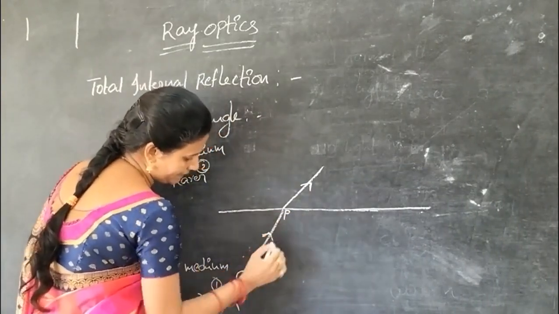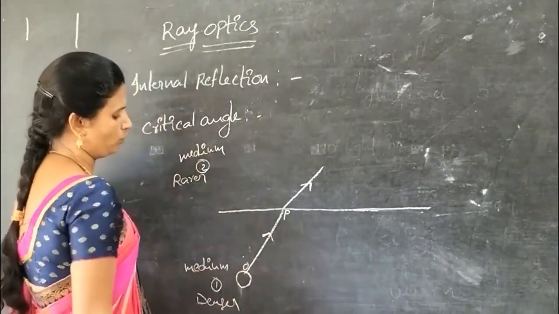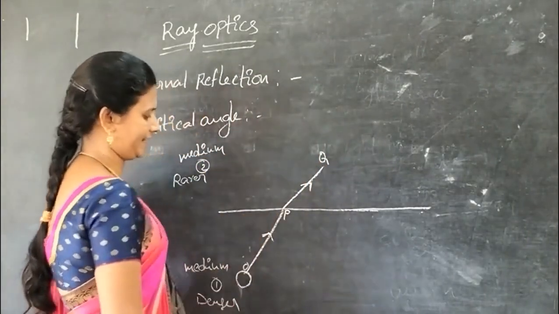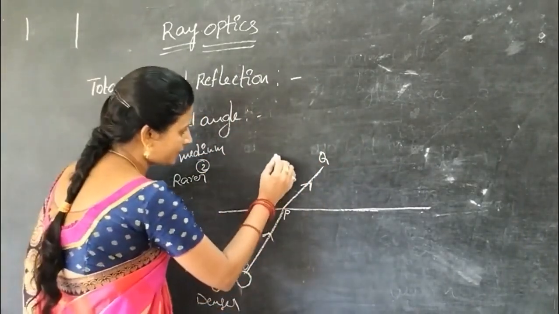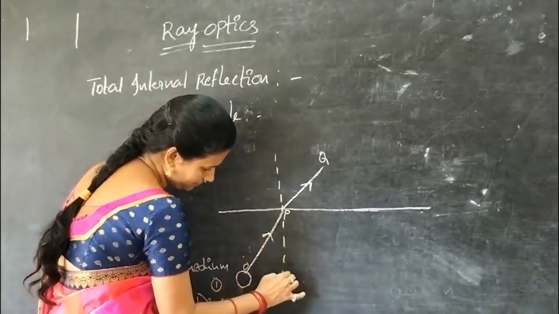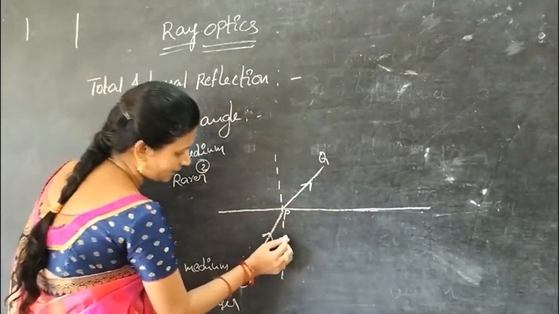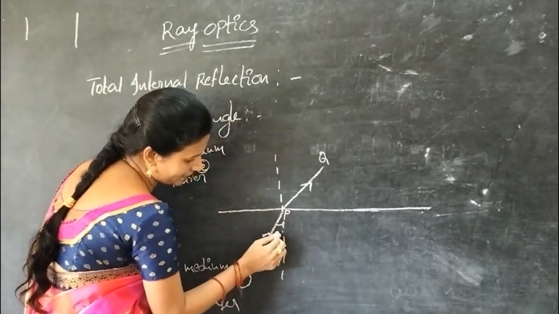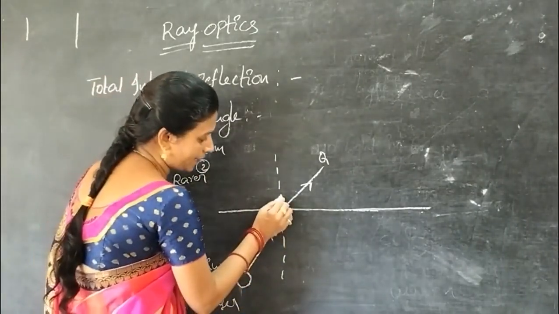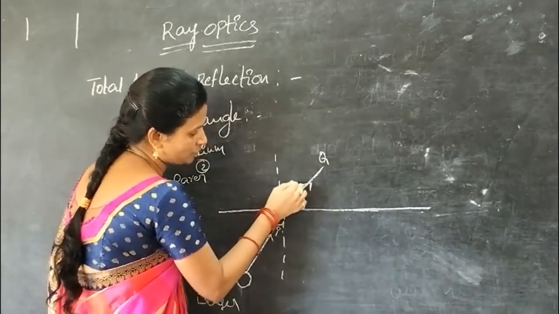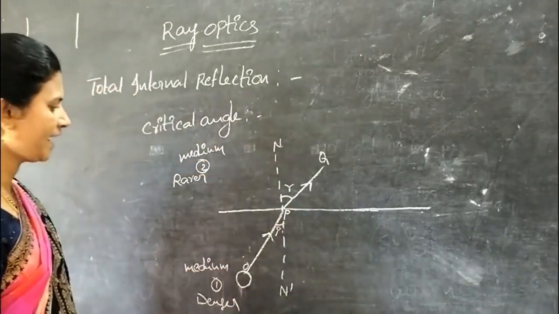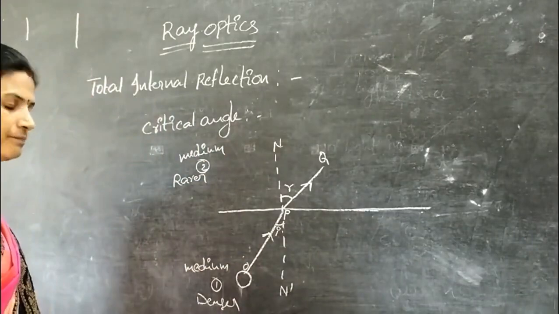OP be the incident ray and PQ be the refracted ray. So this is the normal. Let us draw a normal. The angle between normal and incident ray is known as angle of incidence I, and the angle between normal and refracted ray is known as angle of refraction R. And N dash be the normal.